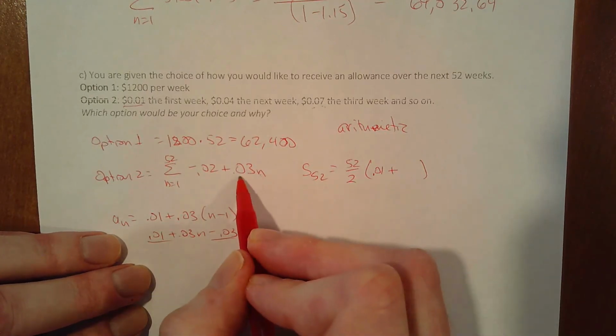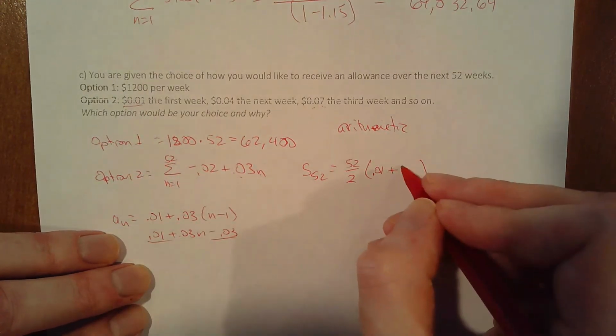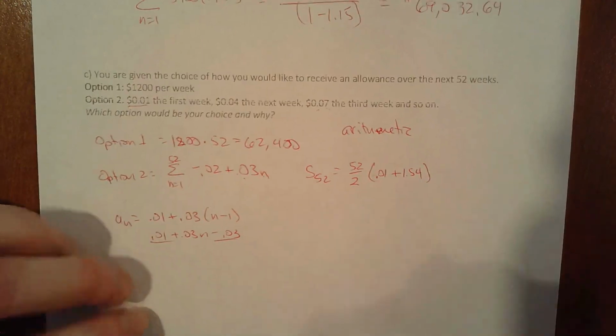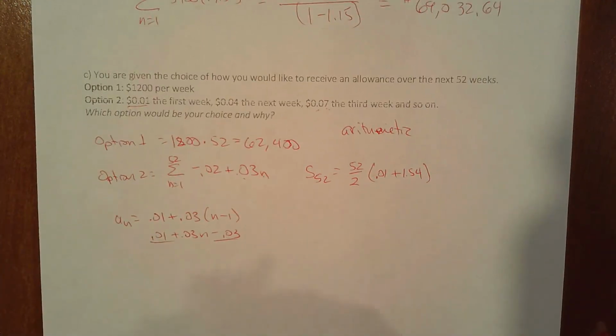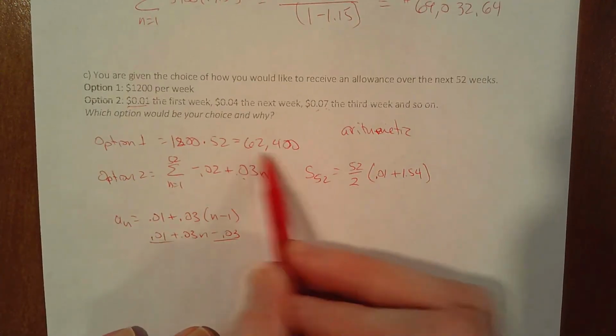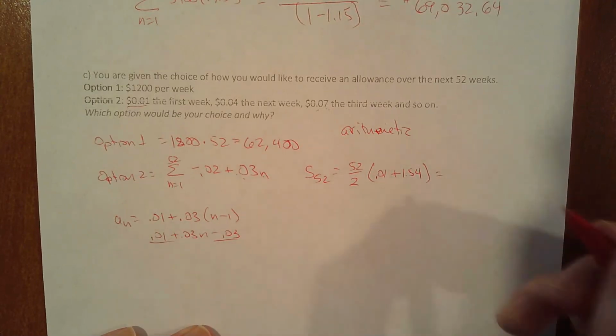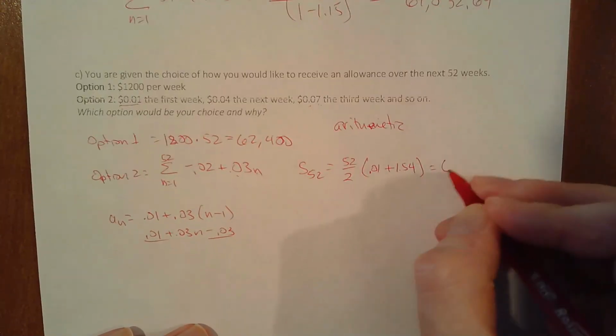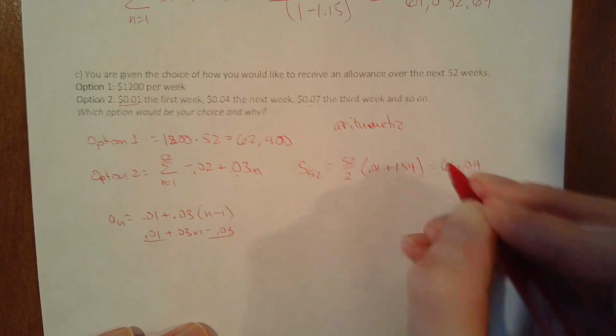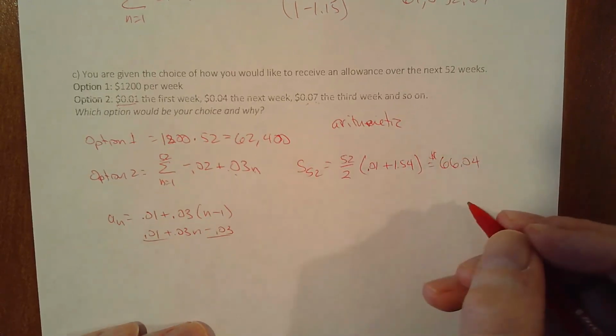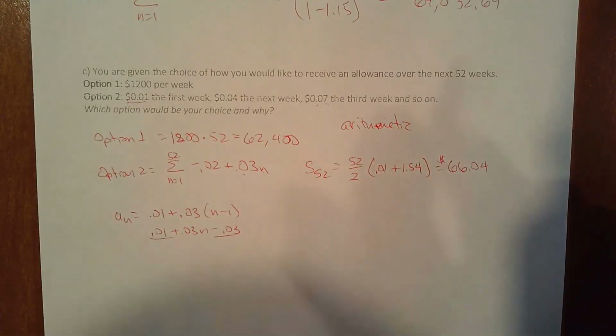So 52 times 0.03 and then subtract 0.02, it's actually $1.54. So the last week you made $1.54. My guess is we're nowhere near option 1. If you put all this in a calculator, it's $66.04. So if you chose option 2, we tricked you a little bit.